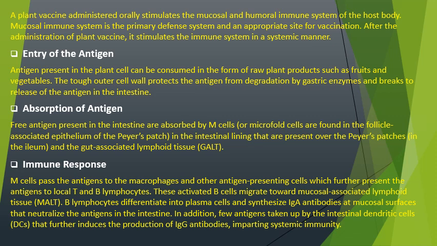In addition, a few antigens are taken up by intestinal dendritic cells, DCs, and that further induces the production of immunoglobulin G antibodies, which will impart systemic immunity also.